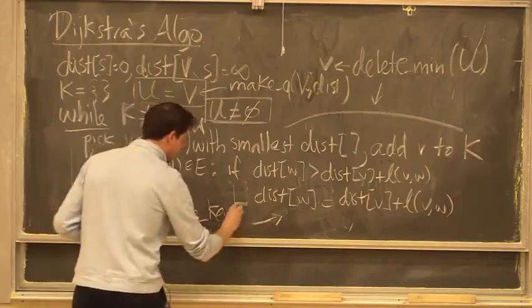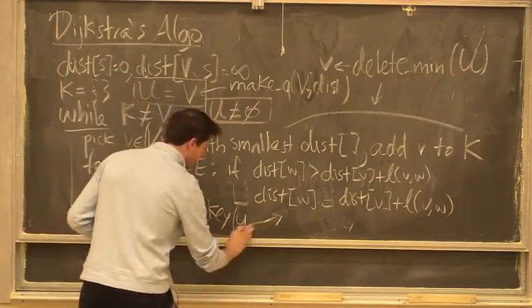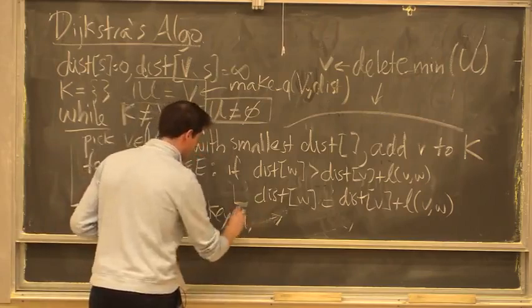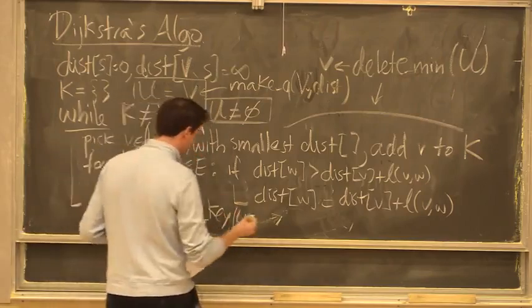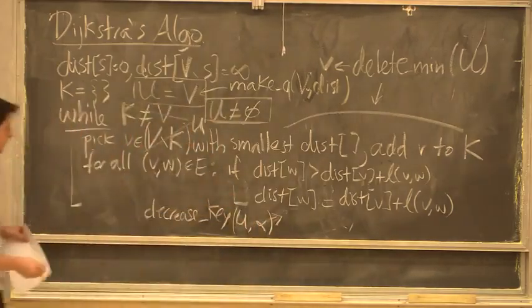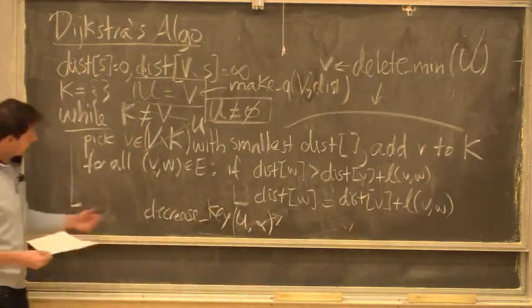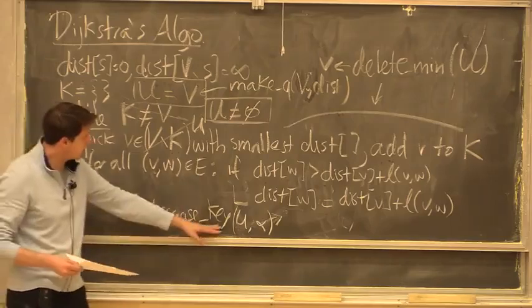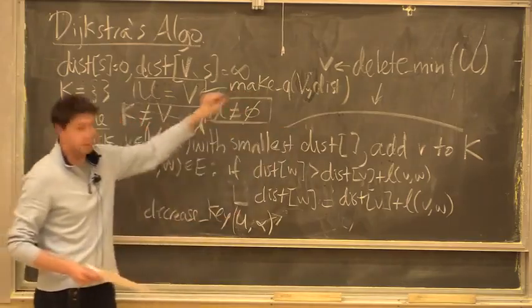And then we're passing in the q and the value, I don't know how to call it, alpha, that value that you want to change. So the data structure operations are decrease key, delete min, and make q at the beginning.